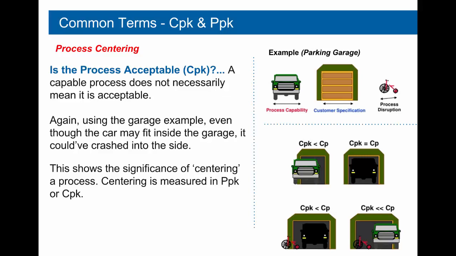If the CPK numbers are considerably or drastically below the CP numbers, the truck is so far off center that it may be outside of the customer specification limits. So it's important, if you think about process capability, to know if you are, from a variation perspective, within the specifications, and also from a centering point of view, to know if you are off center, which may be causing you to be outside the specifications as well.